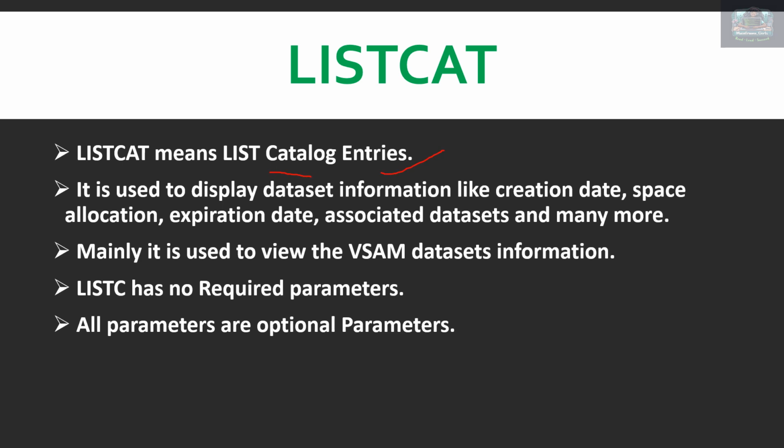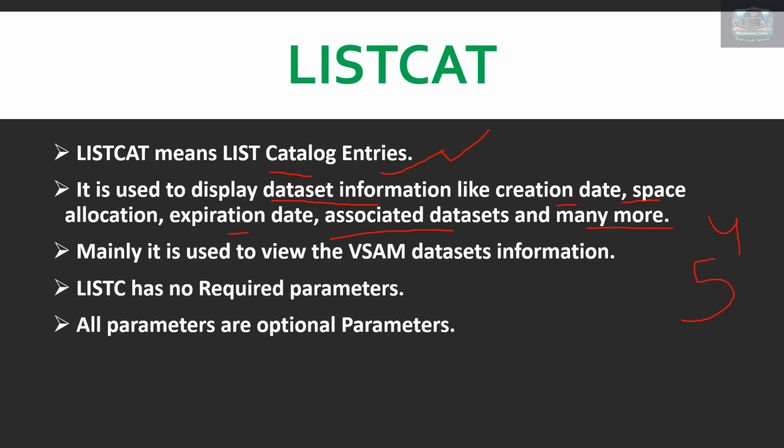If you give this LISTCAT command in front of a VSAM dataset, it will show you all the dataset information like creation date, space allocation, expiration date, associated datasets, and many more. The output for a particular VSAM dataset can be 4 to 5 pages of information.